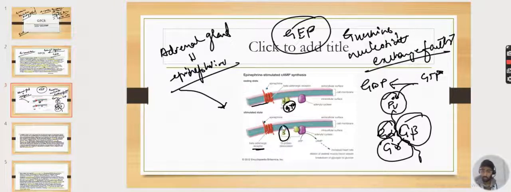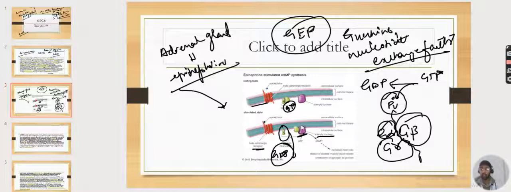Now we would have G alpha and G beta gamma, and our GDP. They would be joined together, and as the cleavage takes place, this G beta would be attached with our adenyl cyclase. Now, this adenyl cyclase, what would it do?